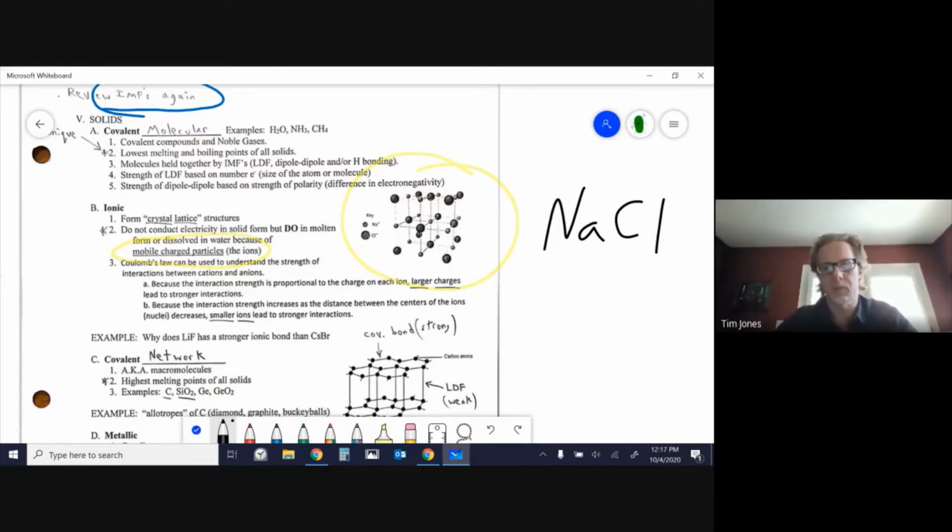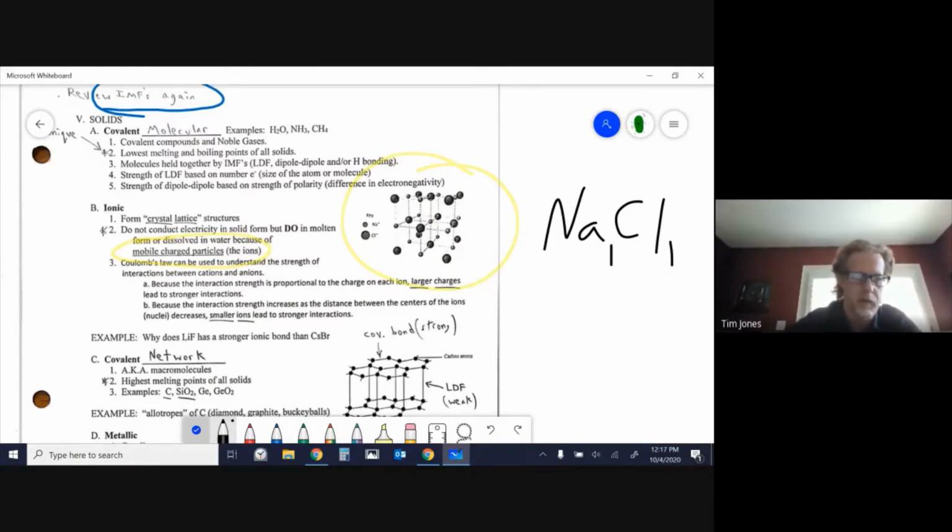That is simply a ratio telling you that for every one sodium, there's one chlorine. And they just keep going in all three dimensions in that pattern. In this particular case, every sodium is surrounded by a chlorine, and every chlorine is surrounded by a bunch of sodiums. So be careful, this is not a molecule. You want to call it a formula unit or crystal lattice.